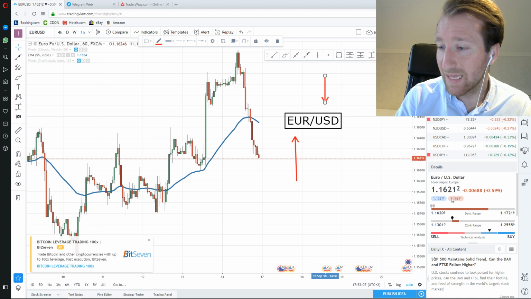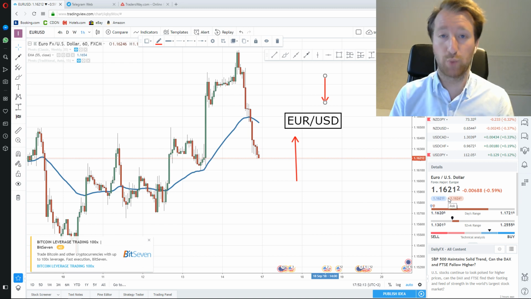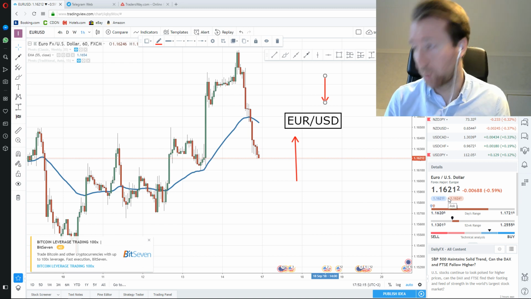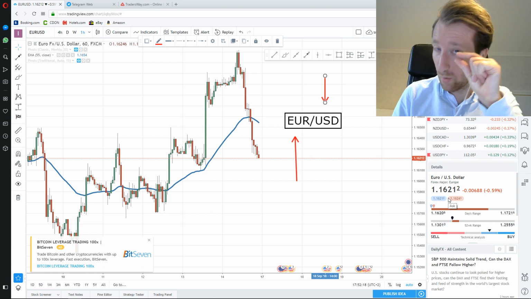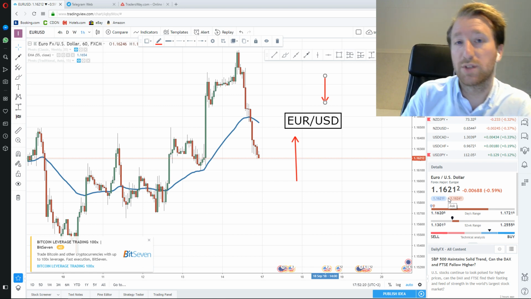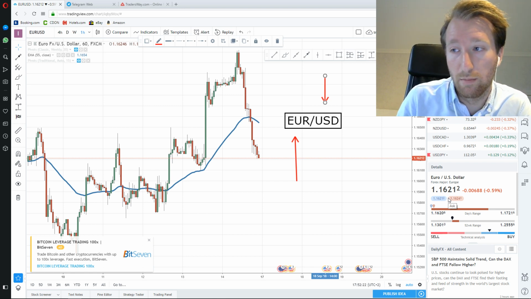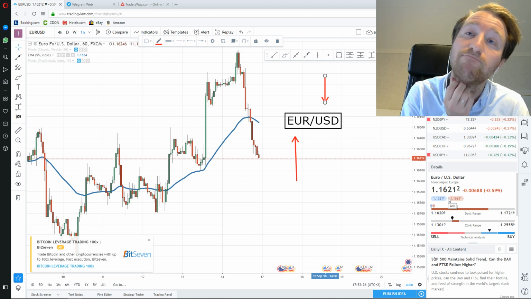So between the market price and the price that the broker gives me is a spread. What is a spread? The spread is basically the small amount of money that your broker takes from you when you want to enter a trade.